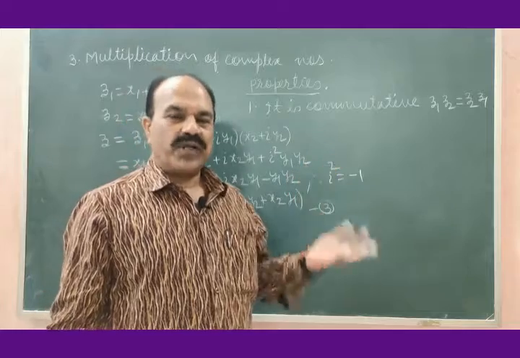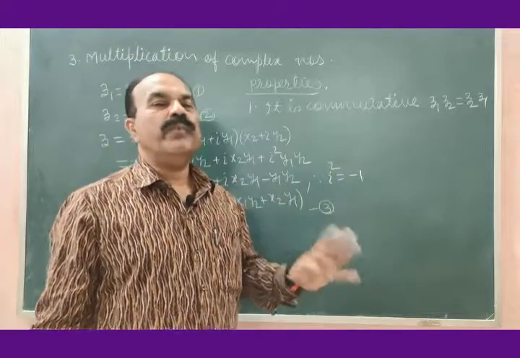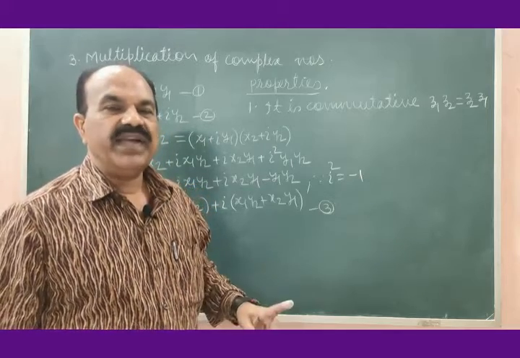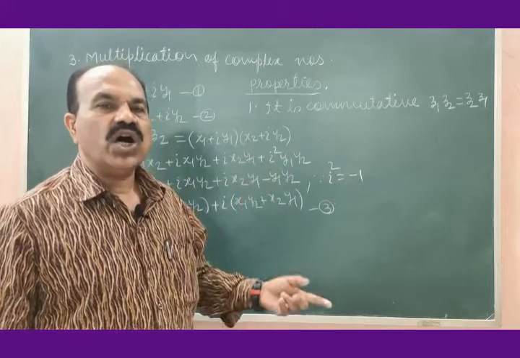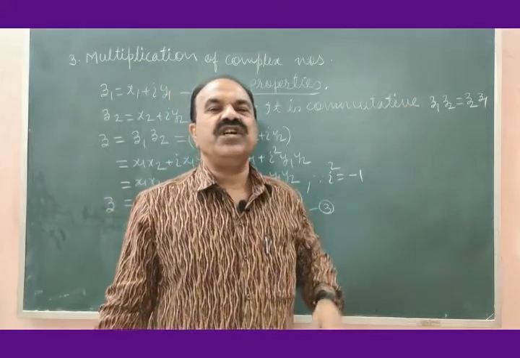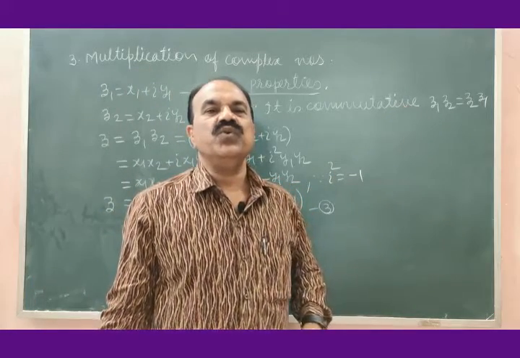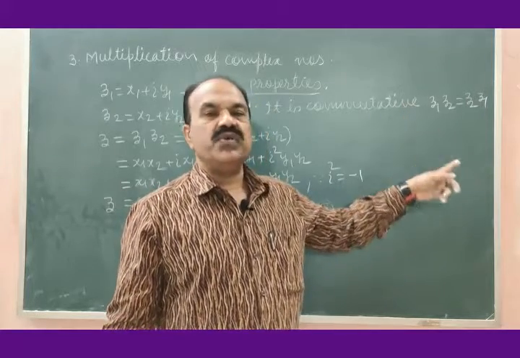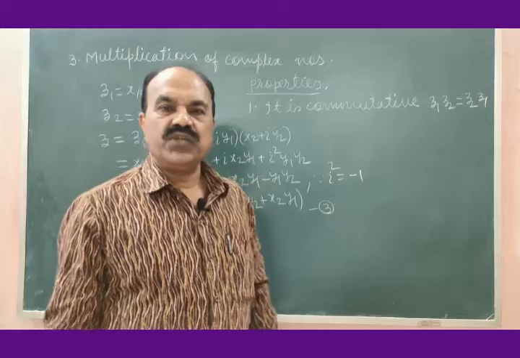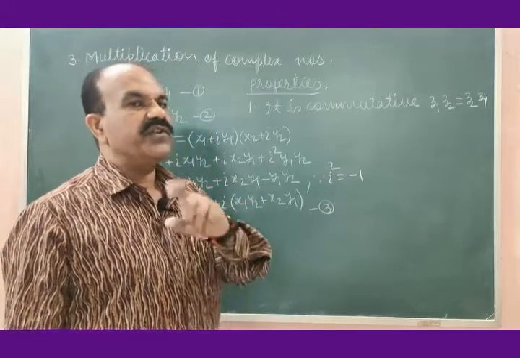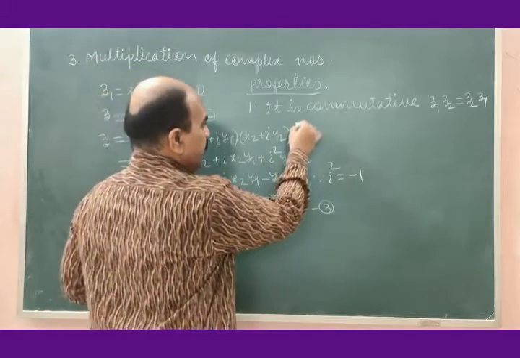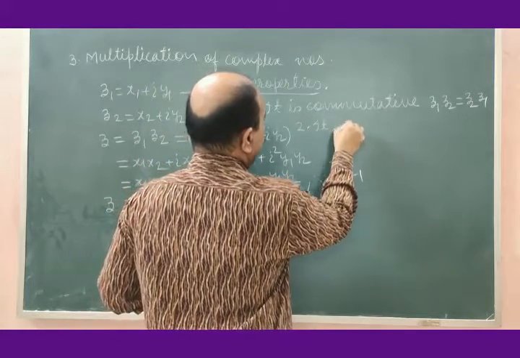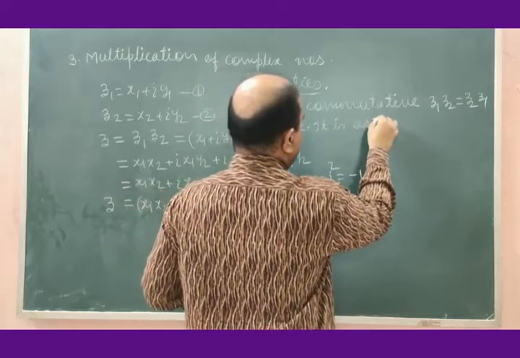That is, Z1 Z2 is equal to Z2 Z1. The first property. The second property is that it is associative.